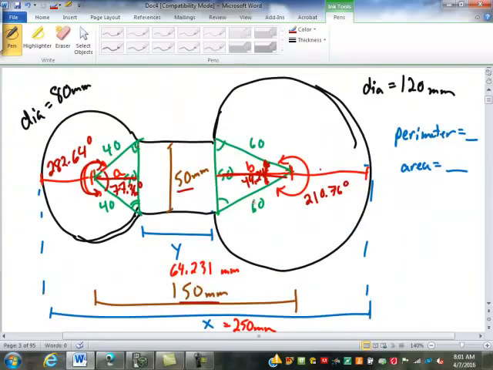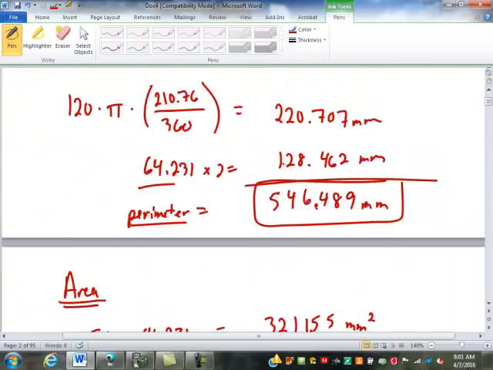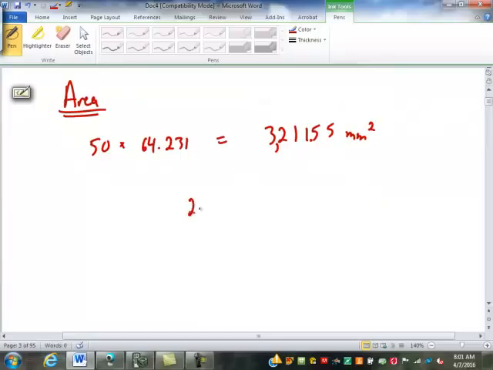Then over here I got the 282.64 out of 360. That is an 80 diameter, so it's a 40 radius.